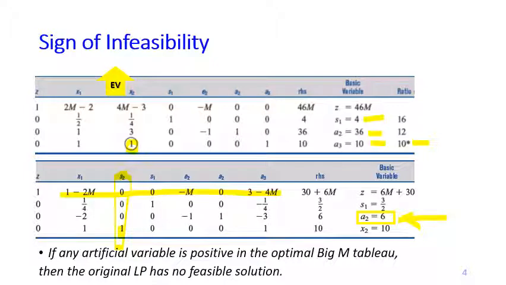So it means that this problem is an infeasible linear programming problem, because after you try to solve it up to the point where the BFS looks optimal, you still have an artificial variable that has a positive value in the optimal table, which is A2. So this is the sign where you can say that the linear programming problem that you have is infeasible.